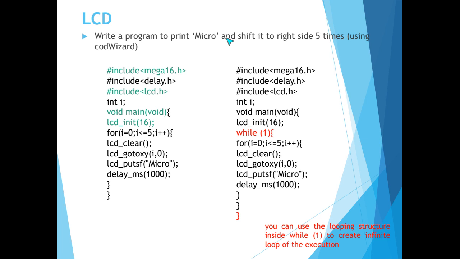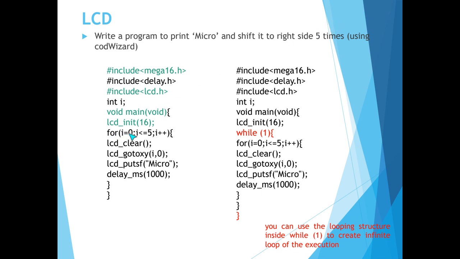But we need to write a code to shift micro to the right hand 5 times. To do that, we need to write a for statement, or a control statement related to the for statement. I wrote here the code related to this section, meaning shifting micro to the right side 5 times.